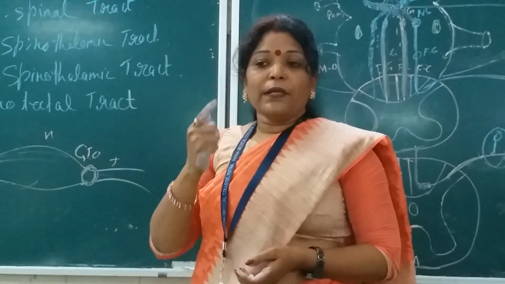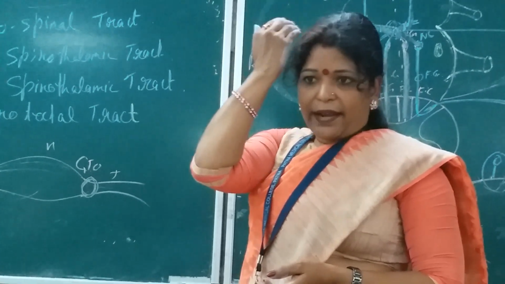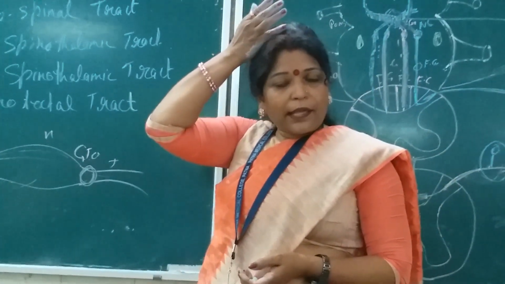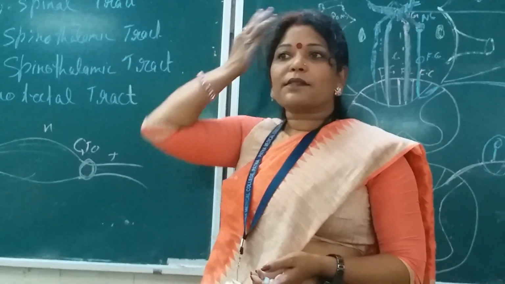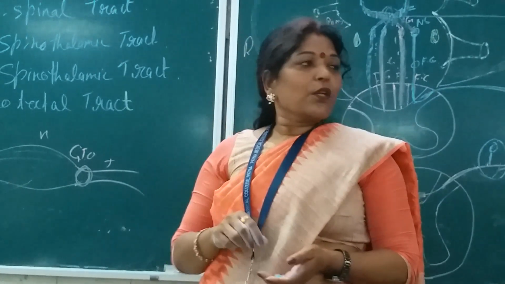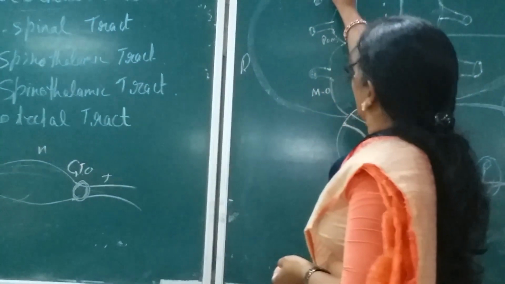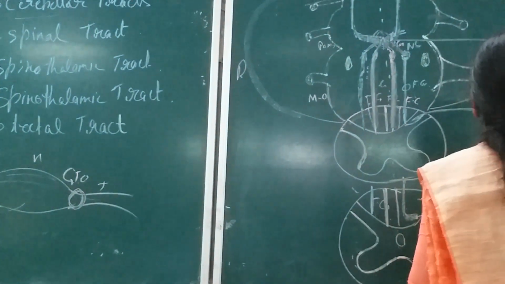So you have to understand this: that is the central sulcus. Suppose this is the right cerebral hemisphere. There is the central sulcus here. Behind that there is the sensory area, the sensory gyrus. Anterior there is the motor gyrus. So all this sensation is going through the somatosensory area.